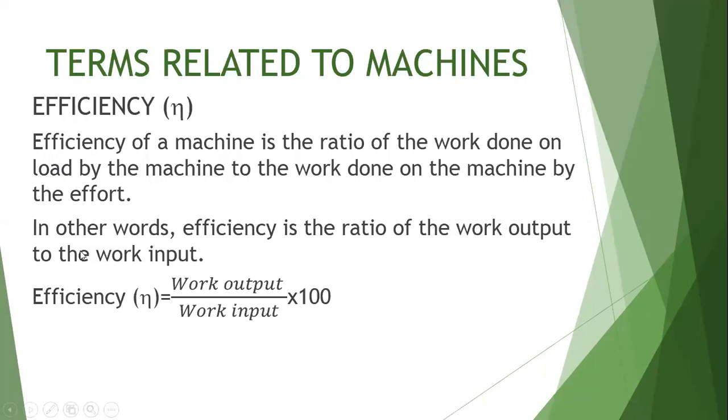So in simple words, efficiency is the ratio of work output to work input into 100. Into 100 means the efficiency is always calculated in percentage.